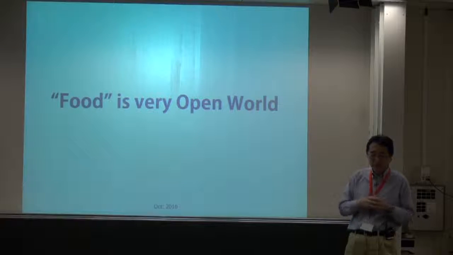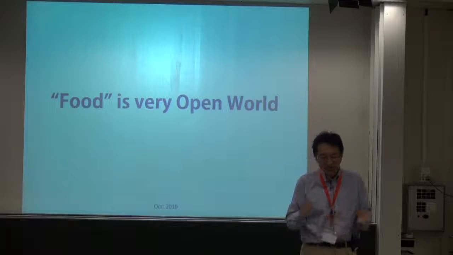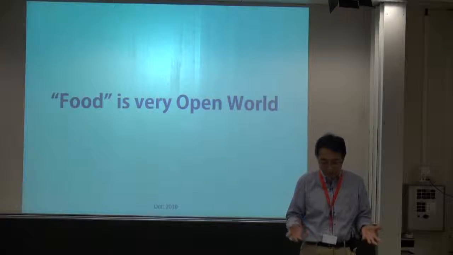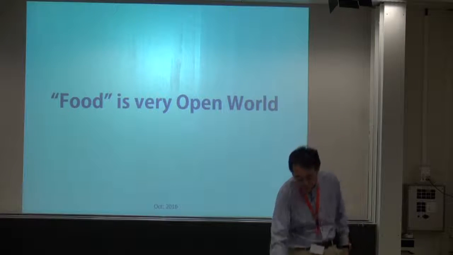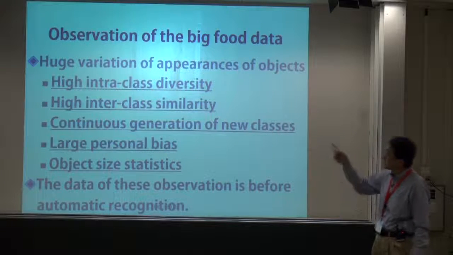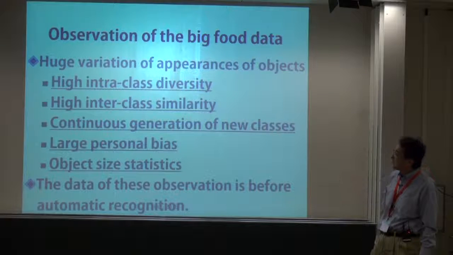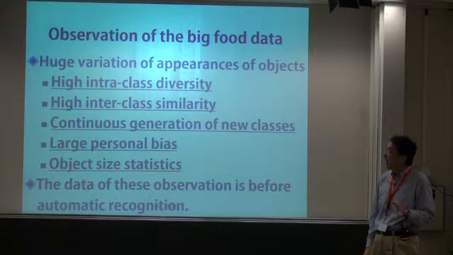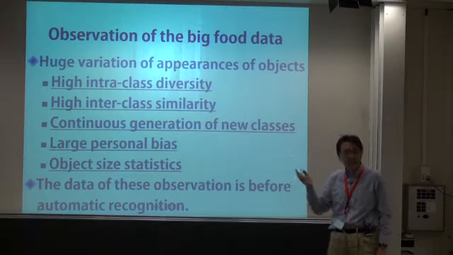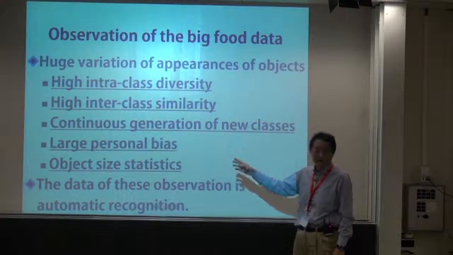I came to know that food is a very open world. A small data set does not work in this domain. The observation we had is that it has very high interclass diversity, very high interclass similarity, new classes are generated continuously, and there is a large personal bias.